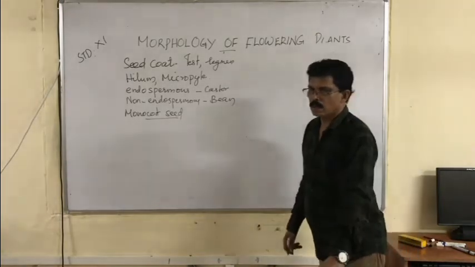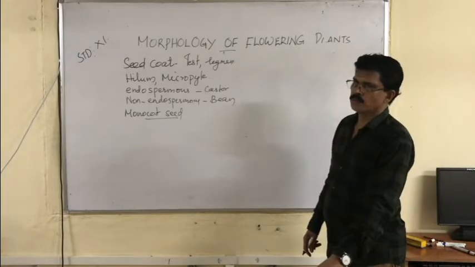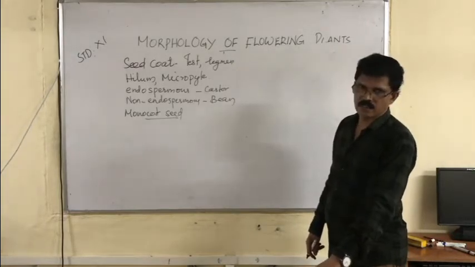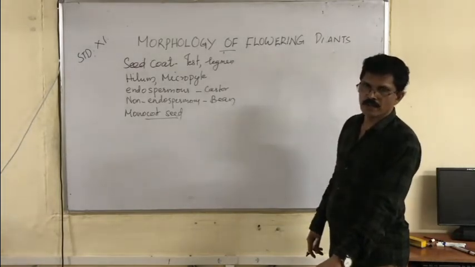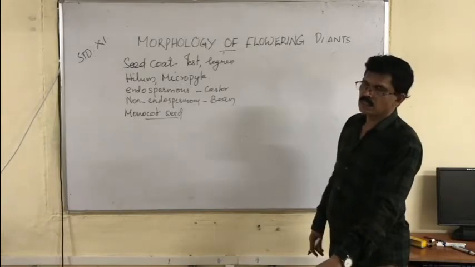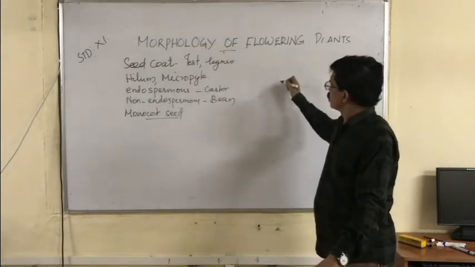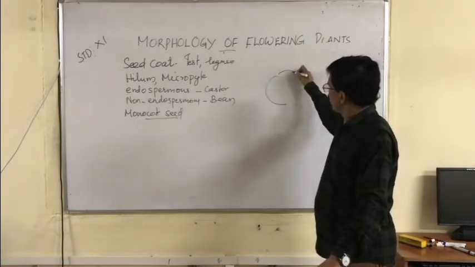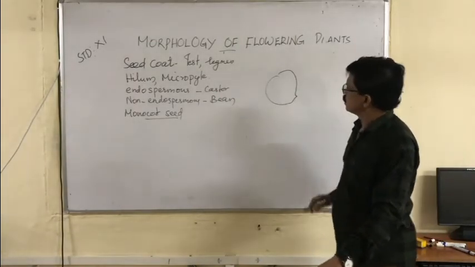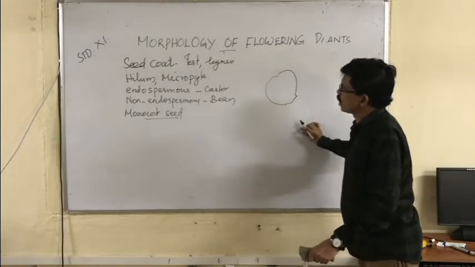Seed is the mature ovule formed after fertilization. After fertilization, the ovule becomes a seed, and the seed has two coverings around it. If I draw a seed, we can see the two coverings.